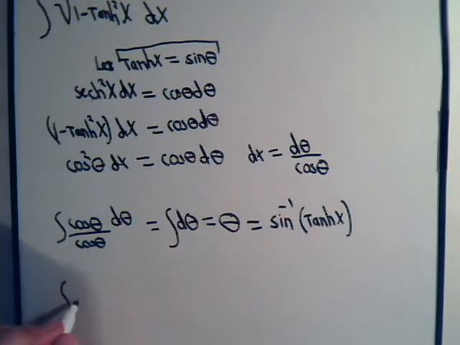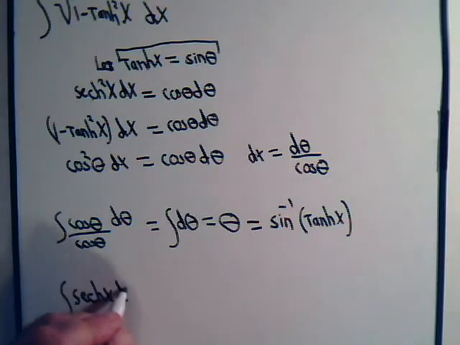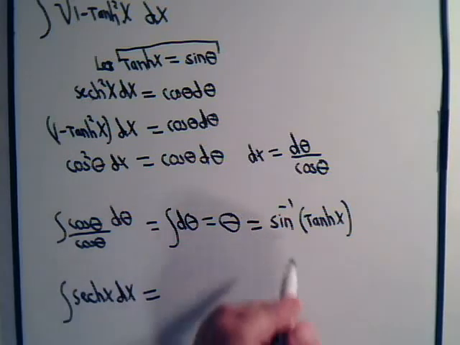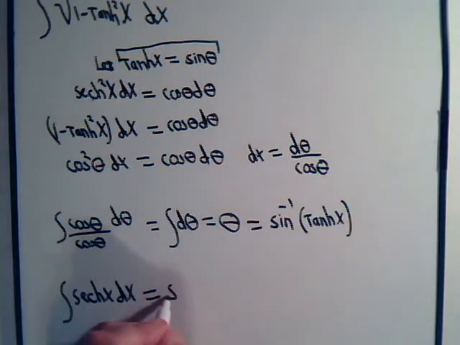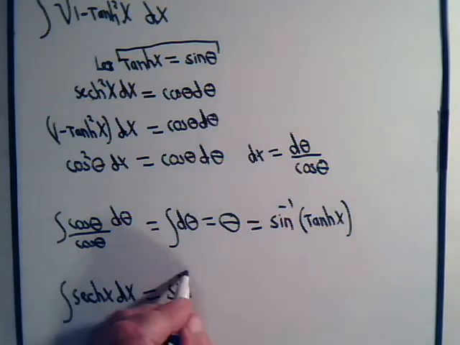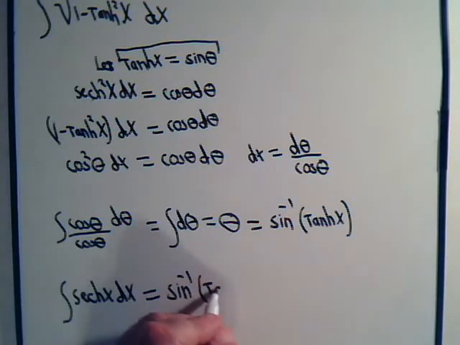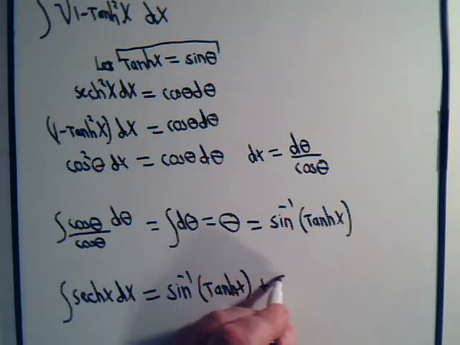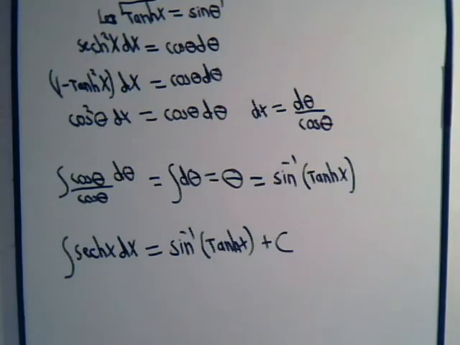The integral of the hyperbolic secant of x dx equals the inverse sine of the hyperbolic tangent of x plus an arbitrary constant. And that indeed is the answer. If you look in the table of integrals, this is what you're most likely to see. And it's not difficult at all getting there, much shorter than the previous video.